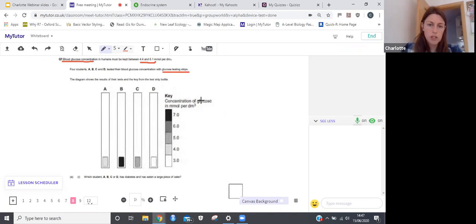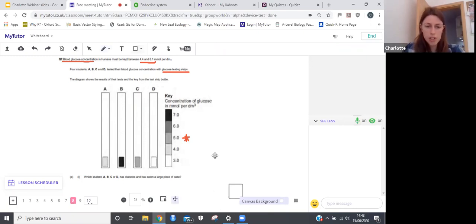Concentration of glucose in millimoles per decimetre cubed. We've got 7 at the top here, and bearing in mind the blood glucose needs to be between 4.4 and 6.1, really you want to be here. This is the good one that you want in your blood glucose. Then we've got a couple of levels either side. When looking at the diagram, we can see that B has a really high blood glucose concentration and D has a really low one. And the other two fall in between.